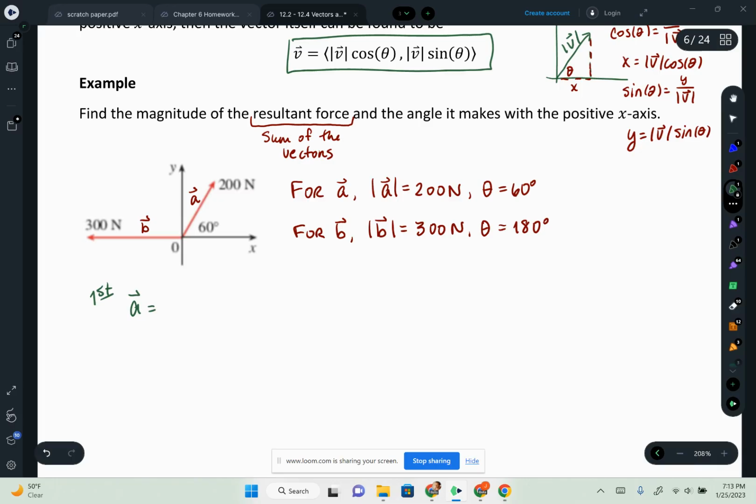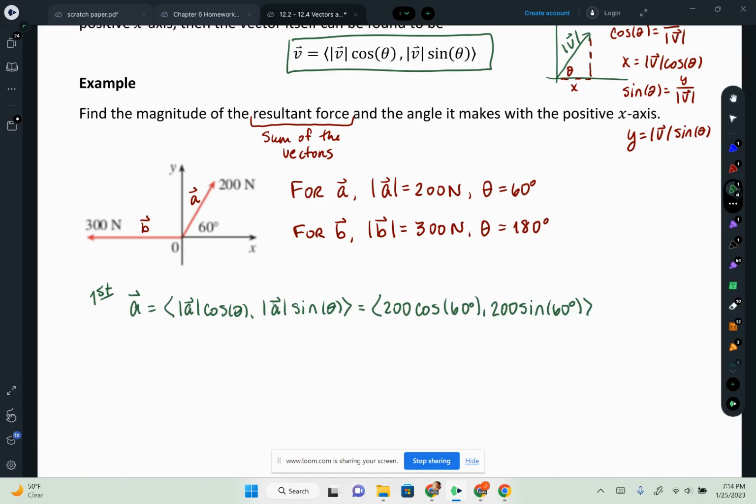A, just following the formula up above for that v vector, has components magnitude of A times cosine of theta, magnitude of A times sine of theta. Now I'll go ahead and pop those values in. This gives me 200 cosine of 60 degrees and 200 sine of 60 degrees.